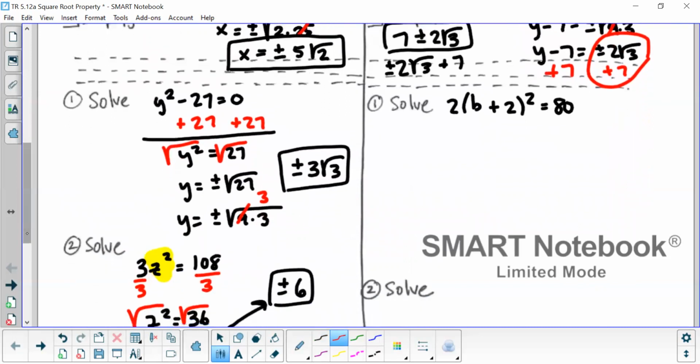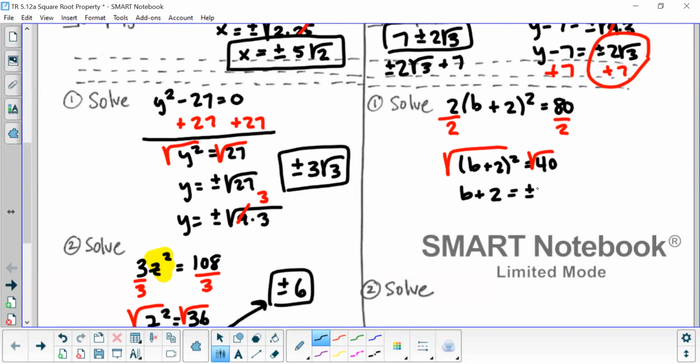Okay, I hope you started by dividing by 2, which gives you b plus 2 squared equals 40. And then you do square root property, which means square root both sides. On the left, that leaves you just b plus 2. On the right, plus or minus radical 40.